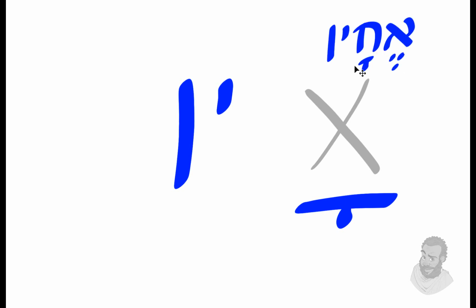Ahaw means his brothers. If you put the hayth here, it'll be how. Without the hayth, it's ow. We'll just say that. Okay?